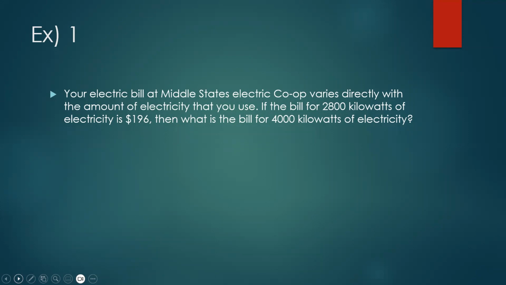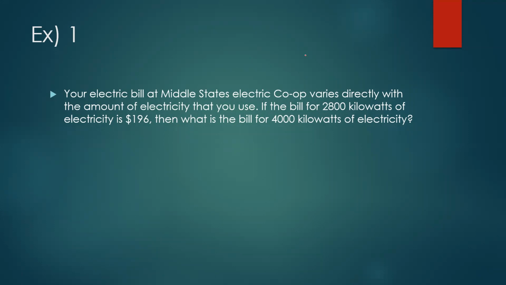So let's see, what is the keyword? It says varies directly. So what does varies directly mean? It usually means it's a direct variation, right? So it's most likely a linear function.